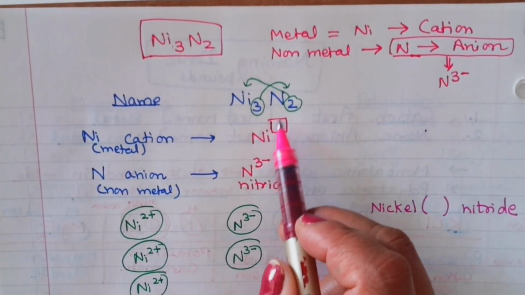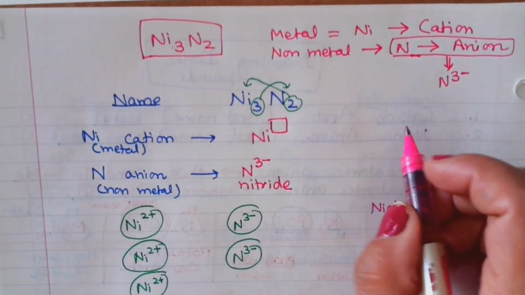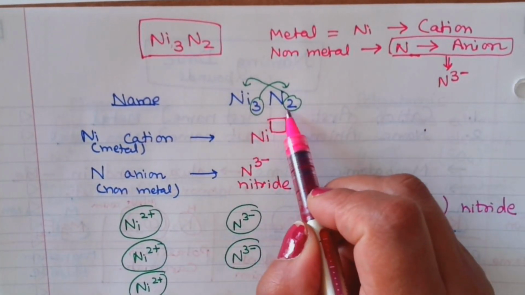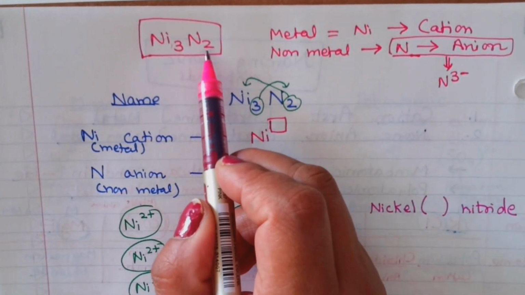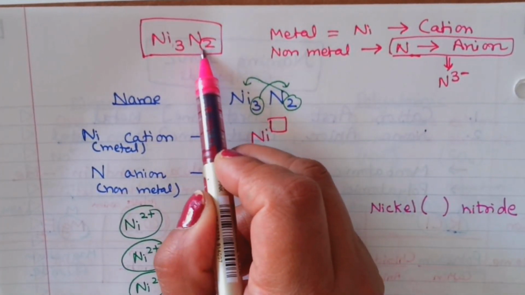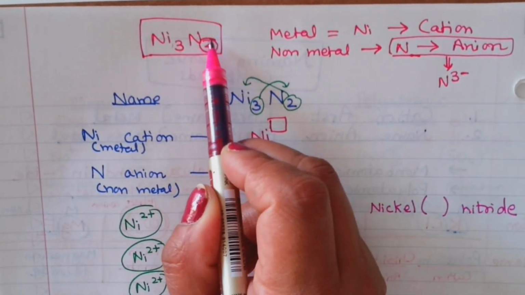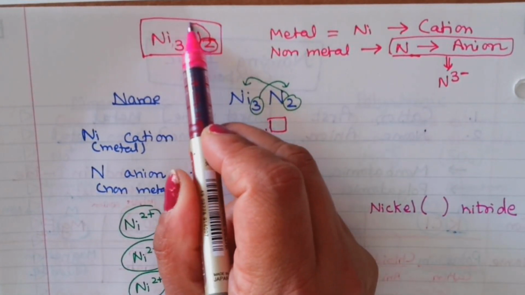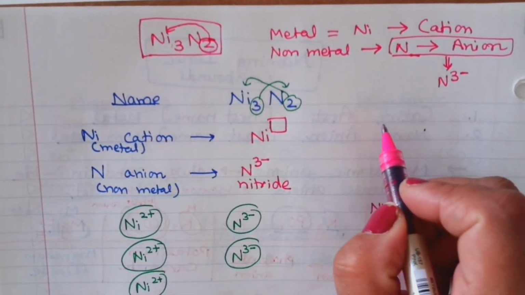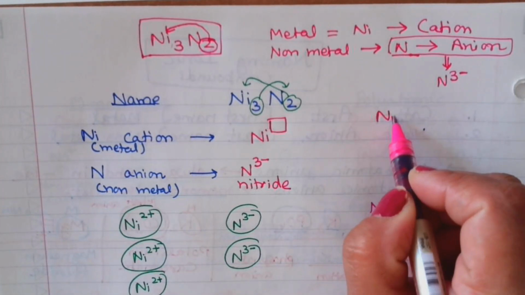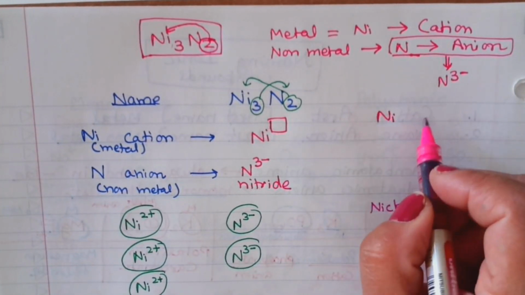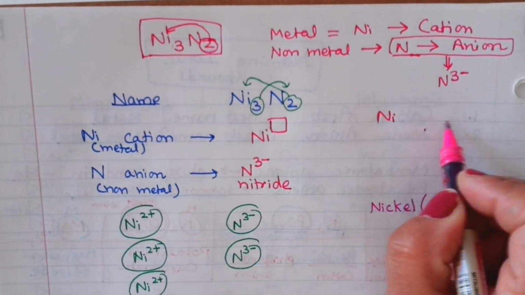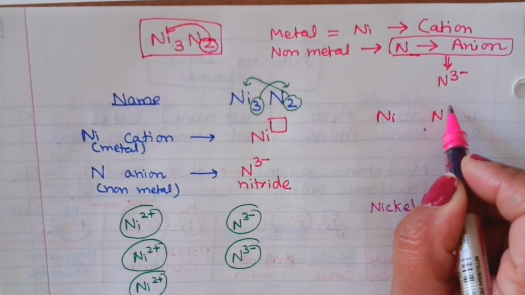So I can undo the crisscross. So look, in the formula we have a subscript on the nitrogen, that is 2. So that subscript kind of comes from the nickel. So we have Ni and then we have N3-.